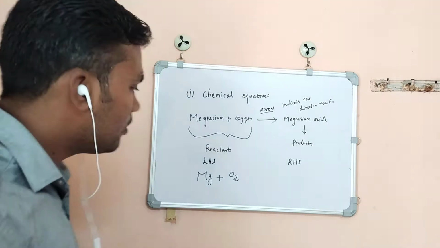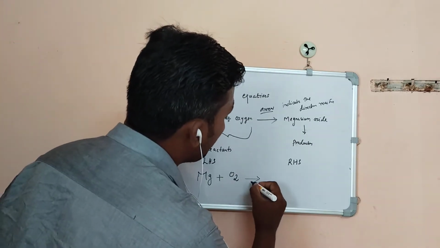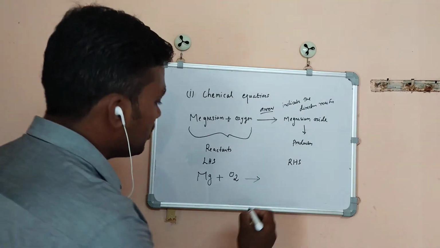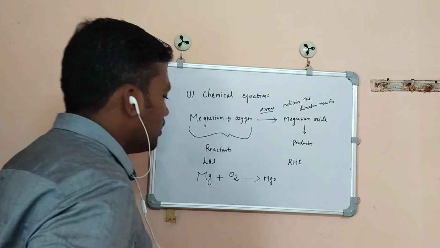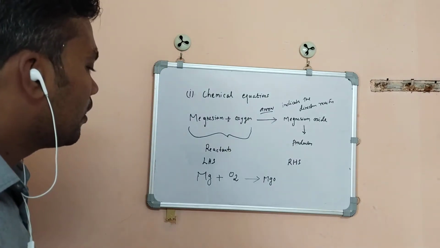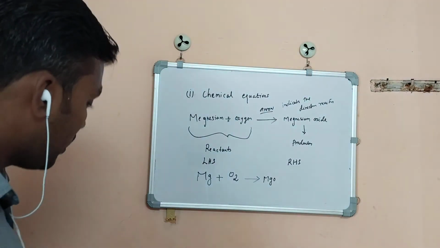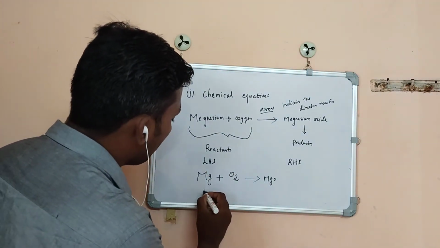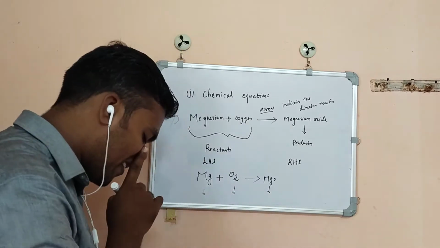The formula of oxygen is O2. The formula of magnesium oxide is MgO. This is the simplest way to write the chemical equation: magnesium, oxygen, magnesium oxide.